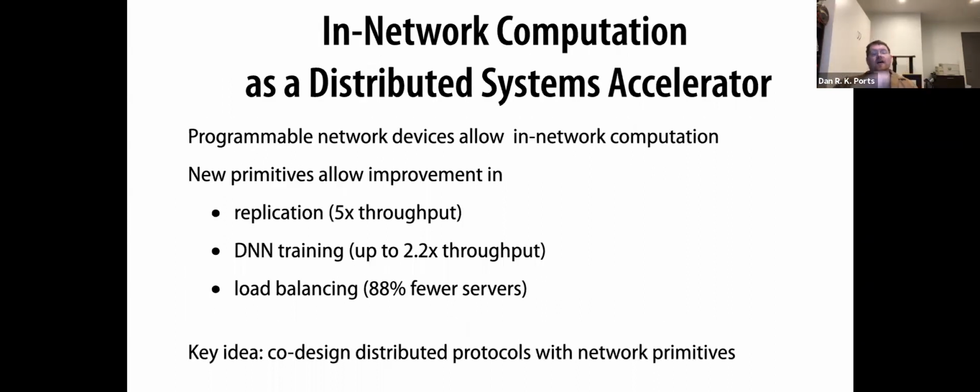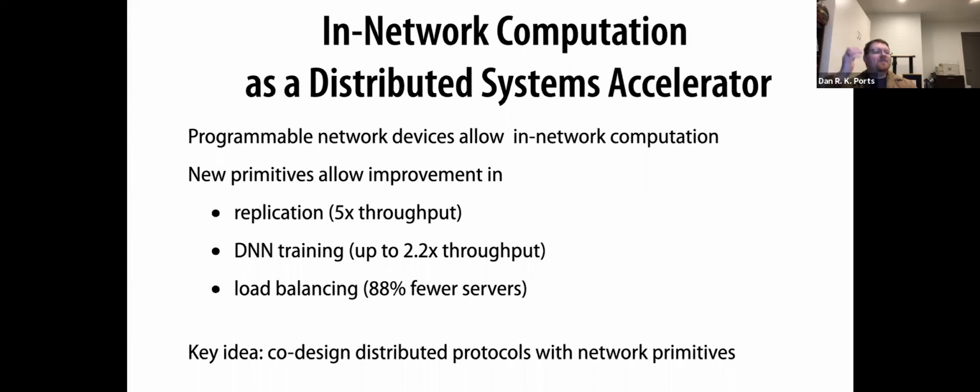Specifically in this talk, I've been talking about using in-network computation as a distributed systems accelerator, which is something that's been enabled by new technologies like programmable switches. They're capable of doing a small amount of computation very fast and very close to the network, which means that we can use them to speed up a lot of applications, but we need to think very carefully about how to do it.